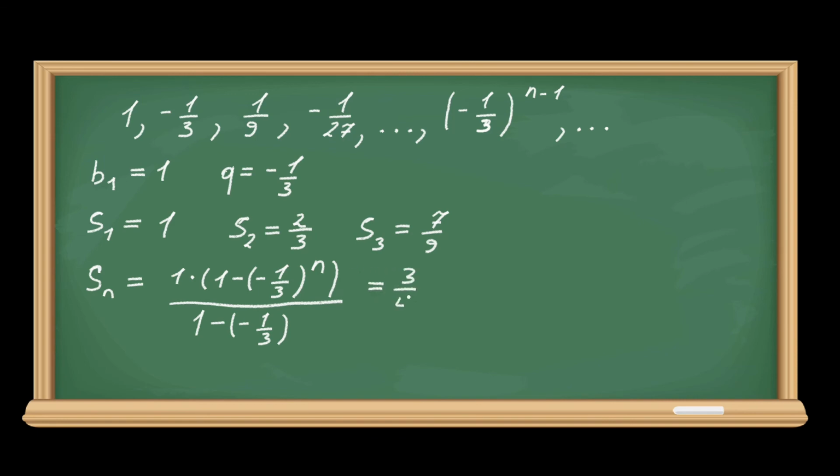So our formula will be 3 over 4 minus the product of 3 over 4 and negative 1 over 3 to the power of n. Now we can conclude that as the sequence goes on, the term's value will start to approach 0. And the sum of the sequence will approach 3 over 4.